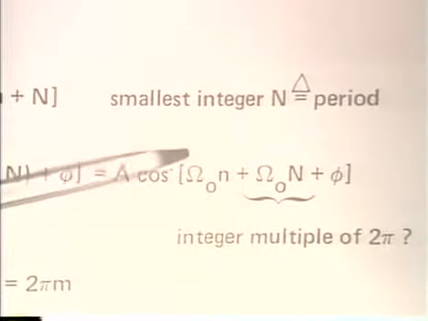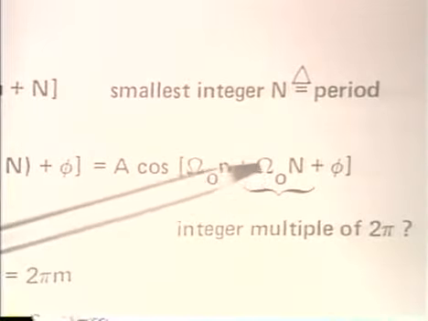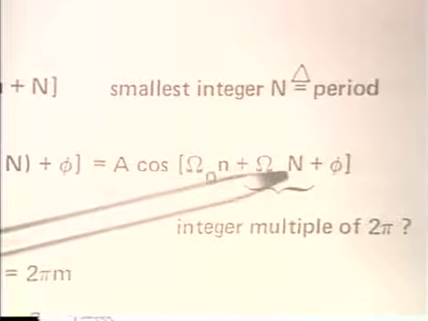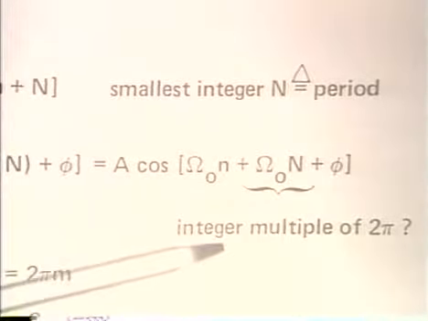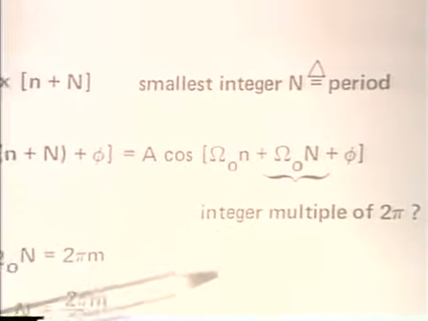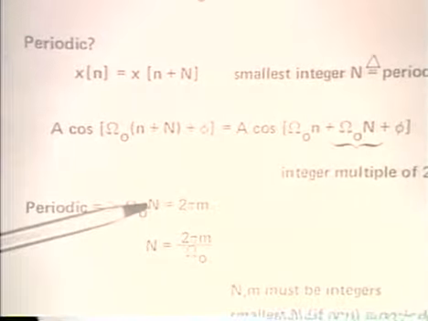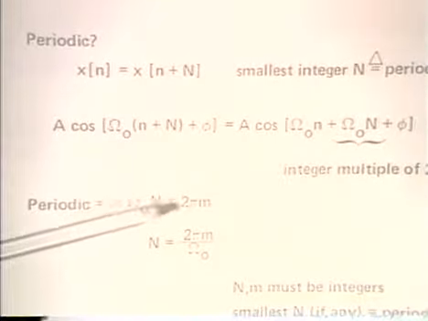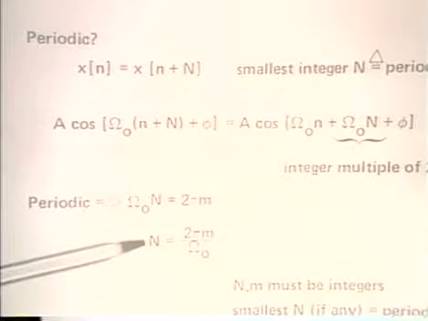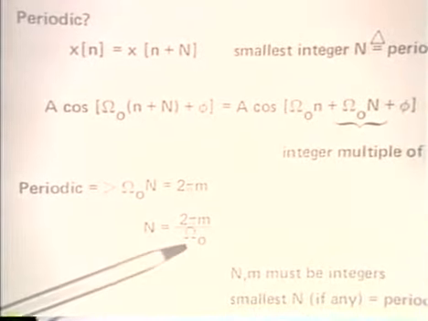And in order for this to repeat, in other words, in order for us in effect to discard this term, omega 0 times capital N, where capital N is the period, must be an integer multiple of 2 pi. And in that case, it's periodic as long as omega 0 times capital N is 2 pi times an integer. Just simply dividing this out, we have capital N, the period, is 2 pi m divided by omega 0.